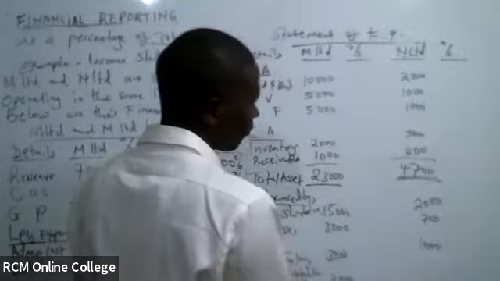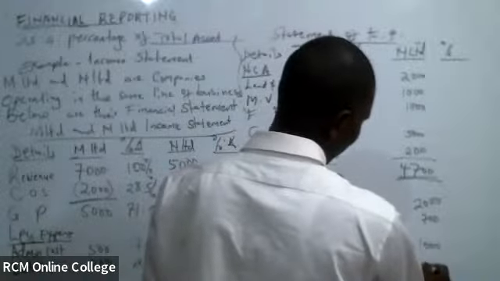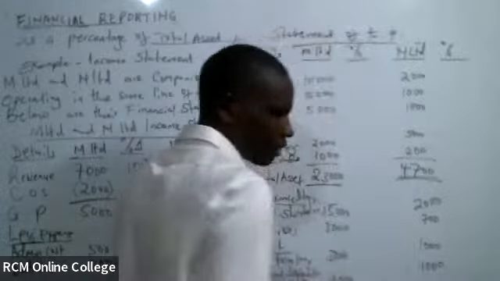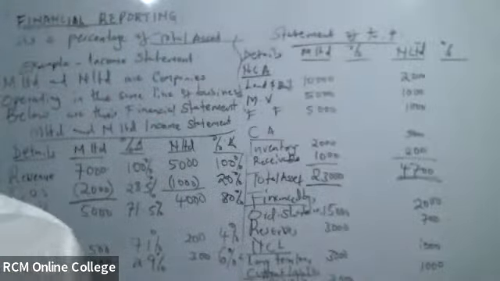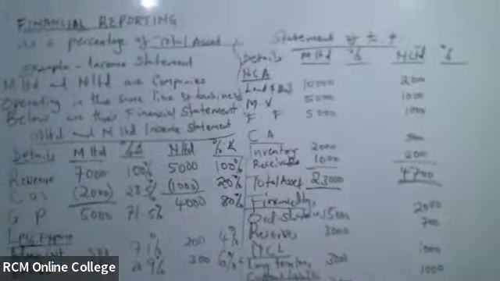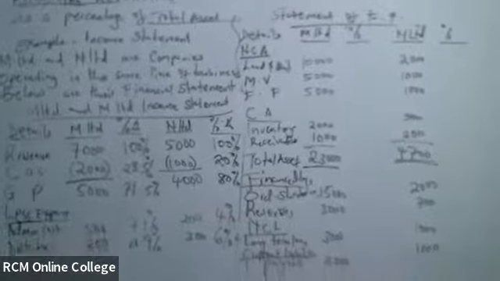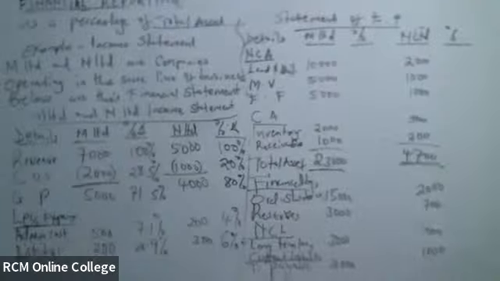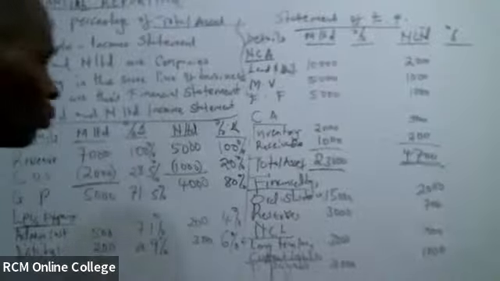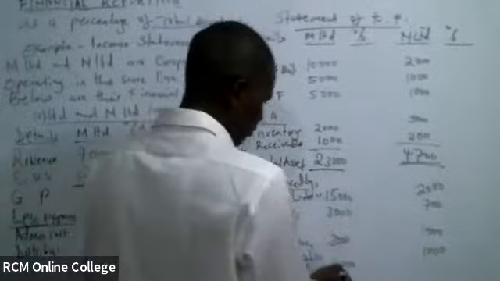And trade payable of 1,000. Let me see whether I can adjust this part for you. Trade payable 1,000, like that. So the last item here is 2,000.